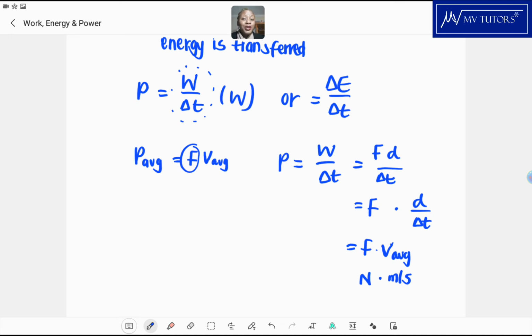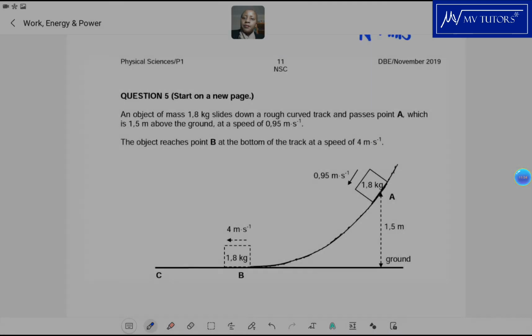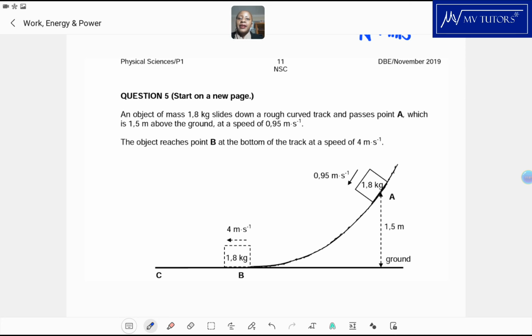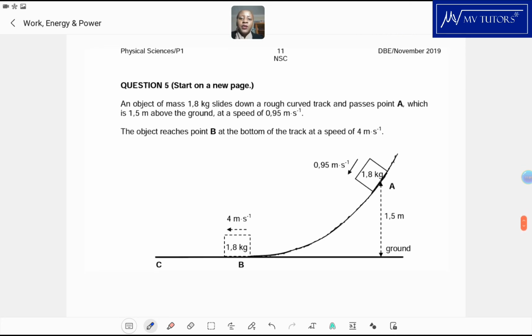Now I can go straight to the questions, past papers. Looking at the 2019 November paper, question 5, that's normally where the section on work, energy, and power is. It says an object of mass 1.8 kilograms slides down a rough curved track. By rough, I know there is friction.